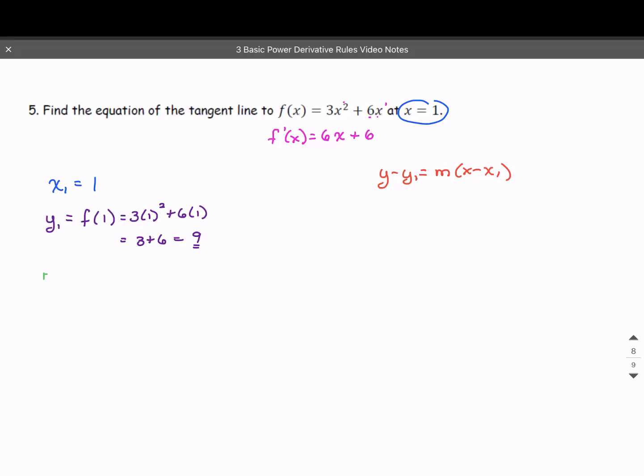Then our slope of the tangent line is found by substituting our x value into the derivative. In other words, 6 times 1 plus 6, or 6 plus 6, which is 12. Now if we do the substitutions, we're going to have y minus our y value, 9, equals our slope, 12, times x minus our x value, 1, and there is the equation of our tangent line.